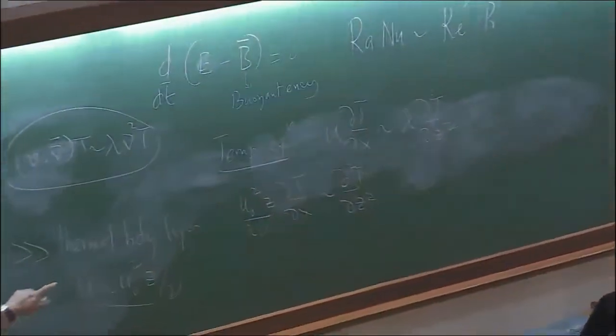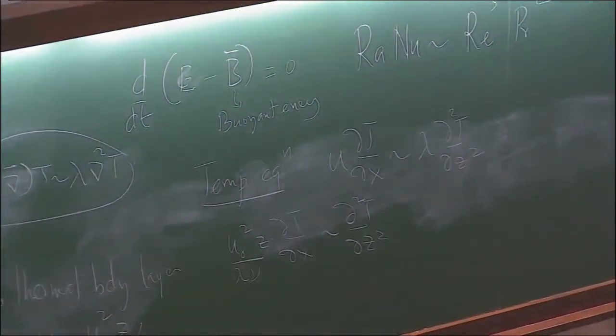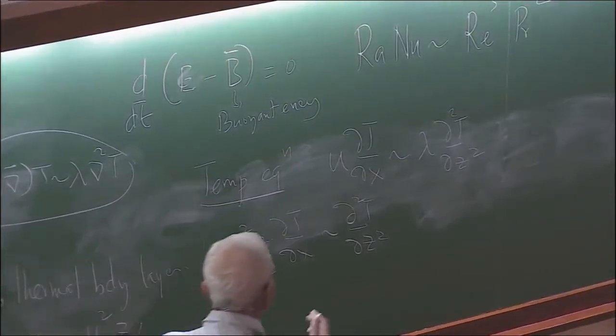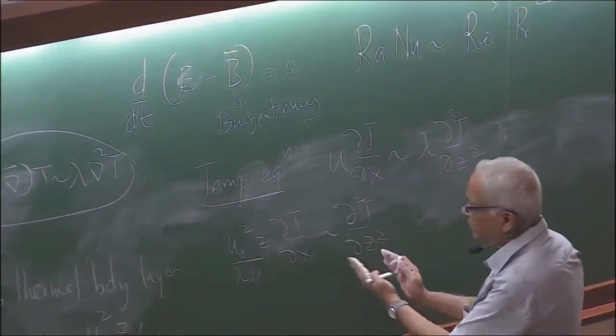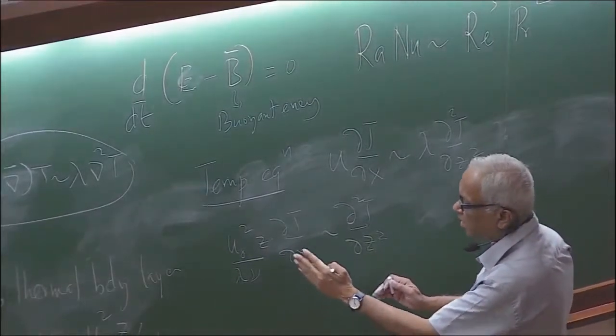So u0 squared z over lambda nu goes as this, which tells you that there is a z cubed, which is the same as x.